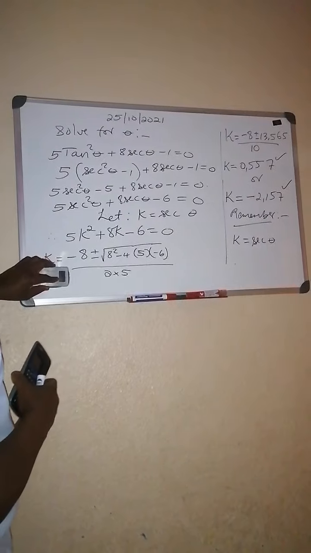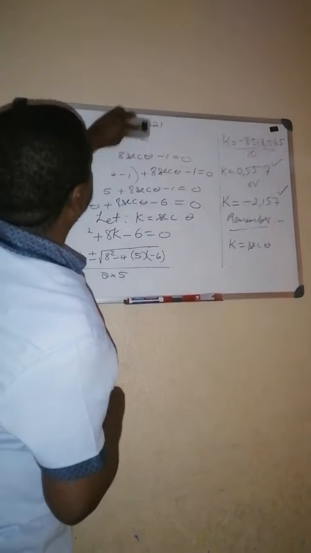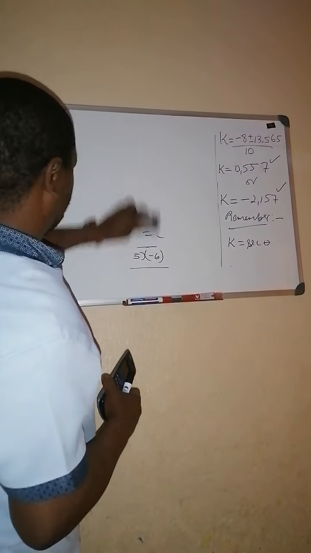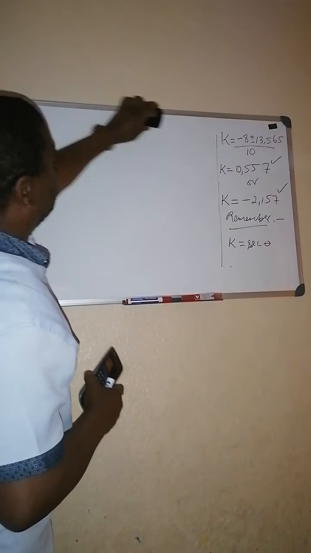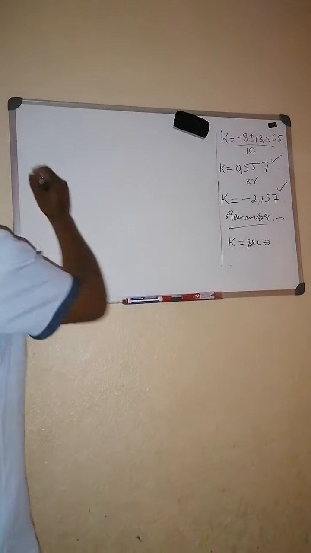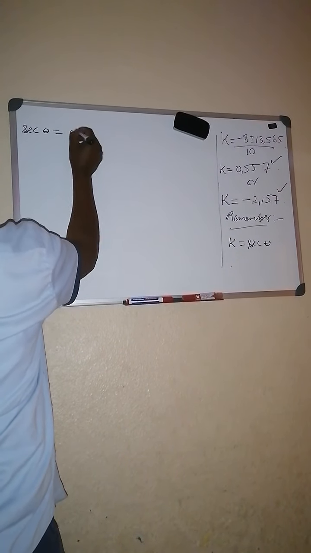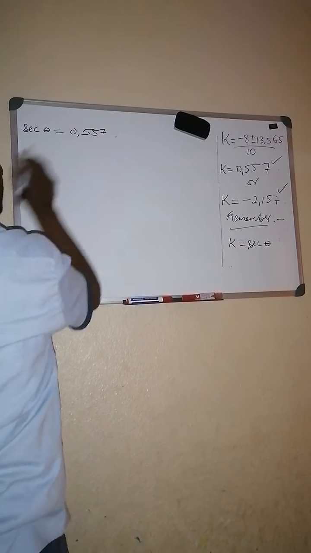Now let's take these two values and try to put the sec theta in them. This means that sec theta equals 0.557.